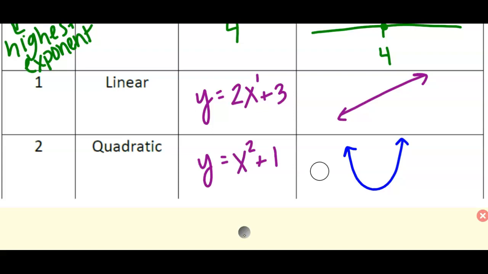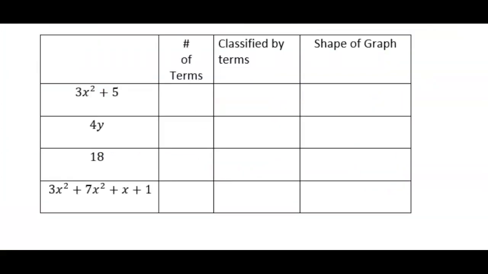And we know that that is graphed like a parabola, okay? So that is one of the ways that we can classify polynomials. We're not going to do a ton of classifying, but we are going to do some, and we're definitely going to be talking about quadratics. Okay, so monomial, binomial, trinomial, polynomial is all going to give us a classification, and then we can classify also by degree.